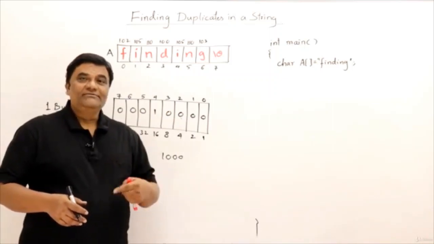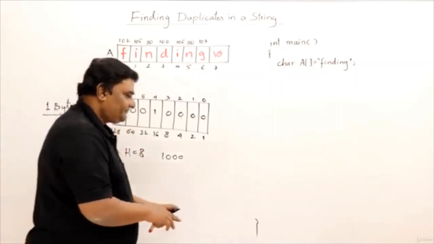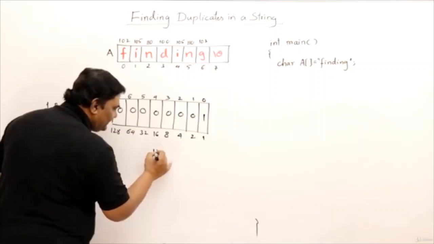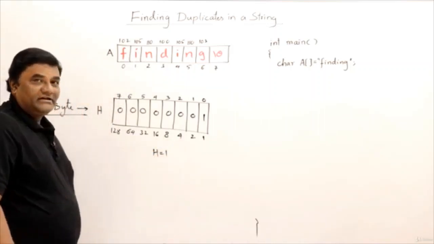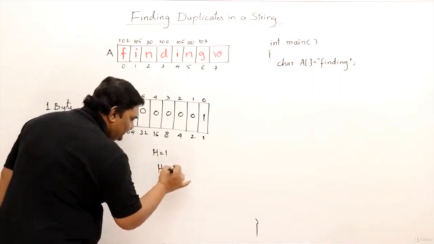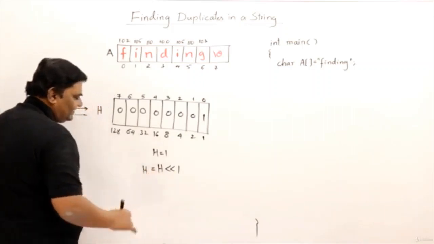Now next we will see what is meant by the shift operation. So I'll remove this and explain. See, right now h is having 0, 0, 0, 1. So right now h is 1. Now let us see what is meant by shift. H left shift 1 and the result in h only, right?